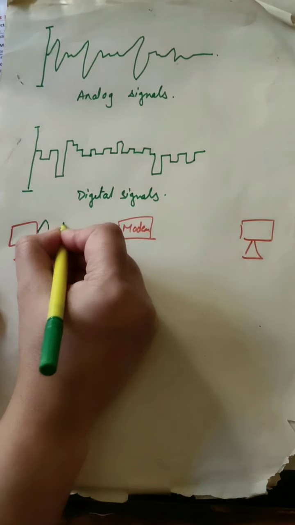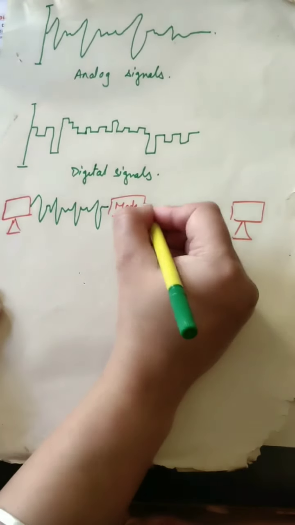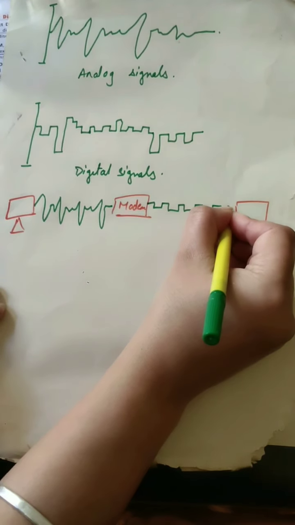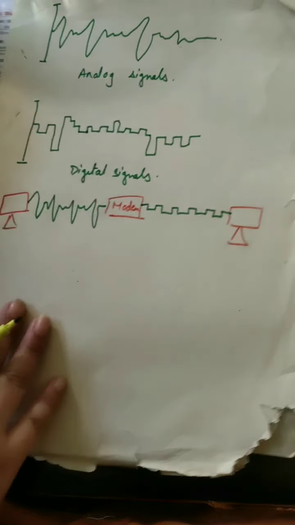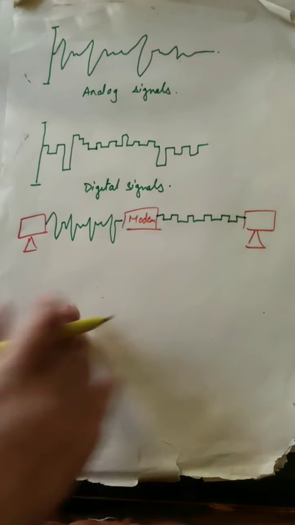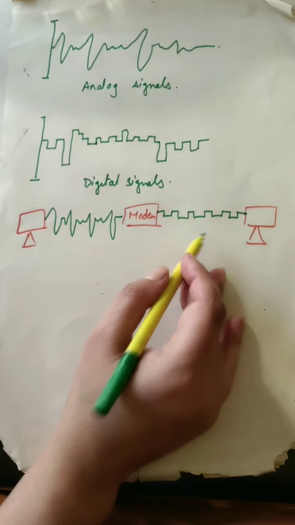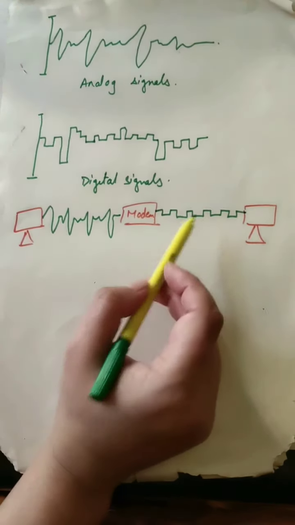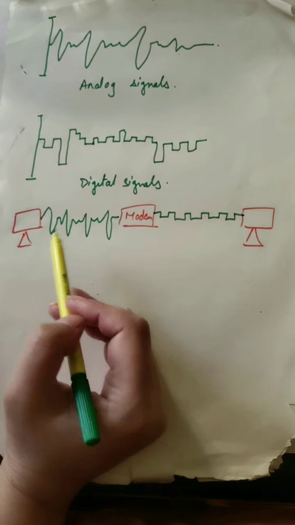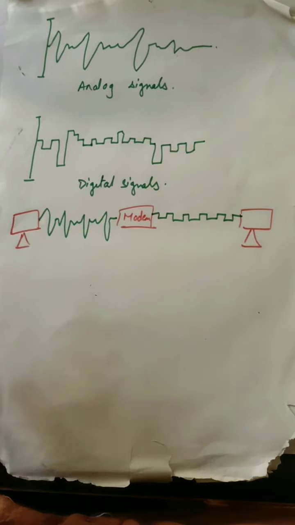Modem is converting analog signals to digital signals and digital signals to analog signals. The process of converting analog signals to digital signals is called demodulation, and the process of converting digital signals to analog signals is called modulation. Right, child?